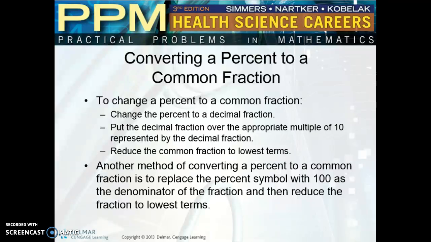So if you look at 40.8, first we're changing it to a decimal, so 0.408, and then we're going to put it over the appropriate power of 10. So in this case, since the 8 is in the thousandths place, it's 408 over 1000. And at that point, then you're just going to reduce things to the lowest terms. So those are the different things that you're going to be learning in our unit 17 of section 4.